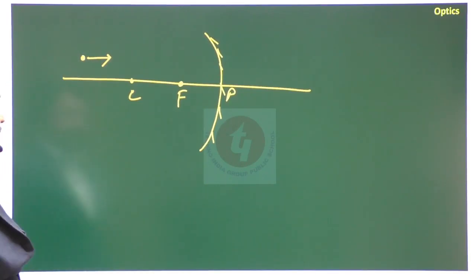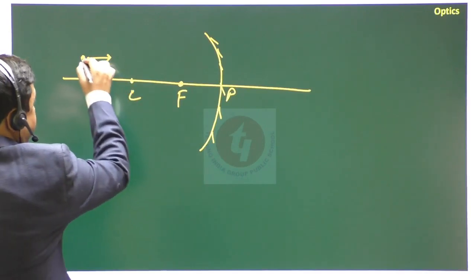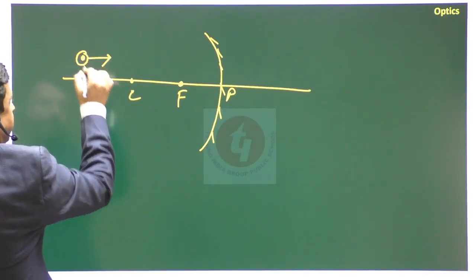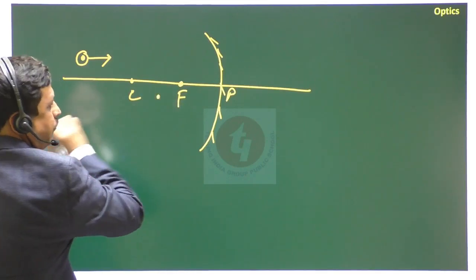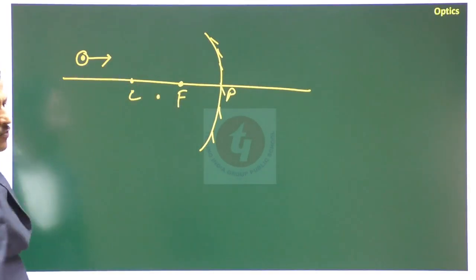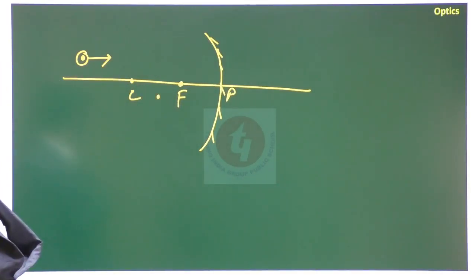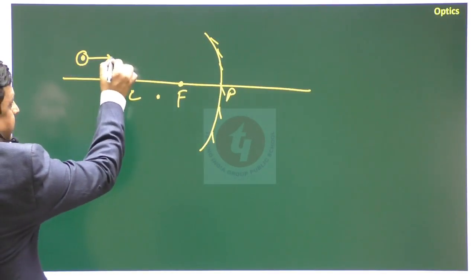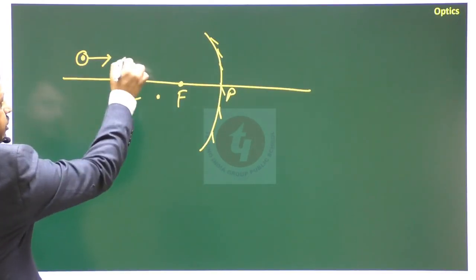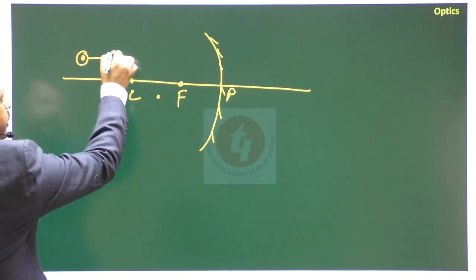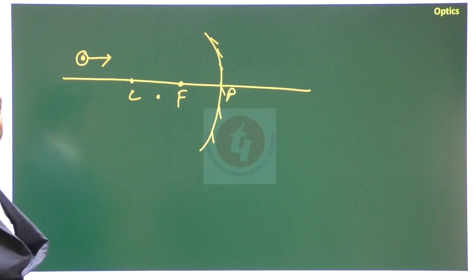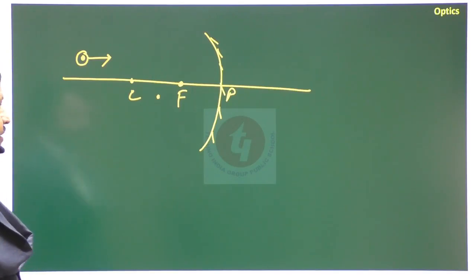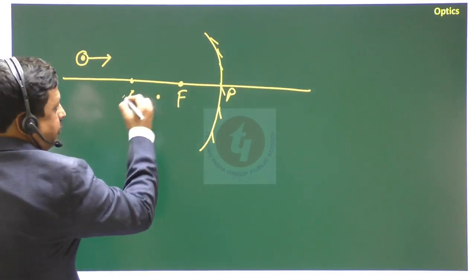If this point is placed beyond the center of curvature, then you know that the image will form initially at this point between the center of curvature and the focus point. If the object is moved towards the mirror with a certain velocity, then what is the direction of velocity of the image?